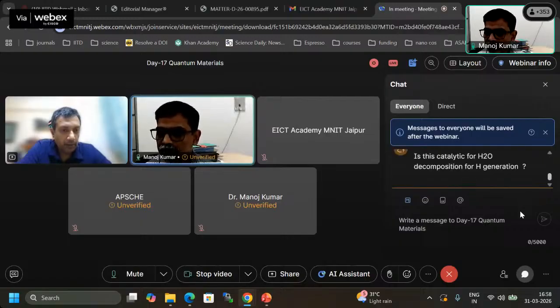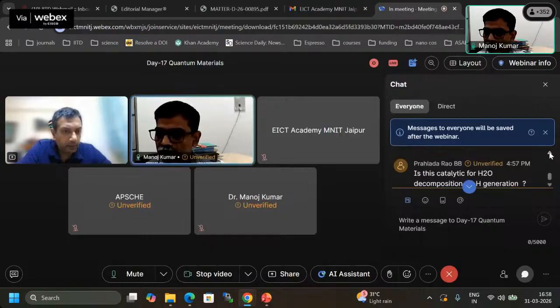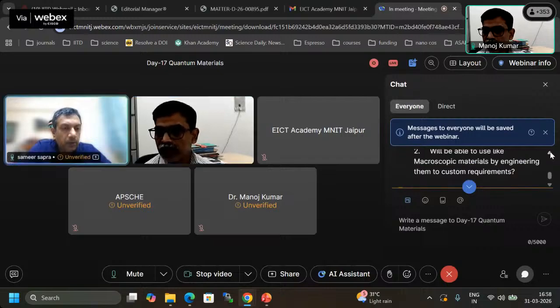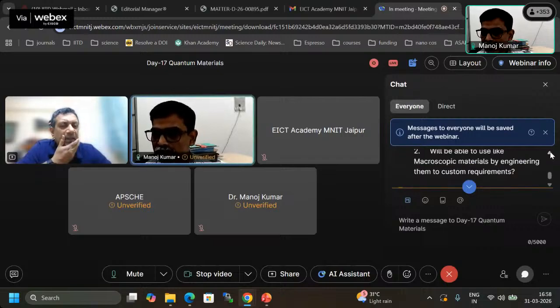And the next query I think you can address: will we be able to use these materials by engineering them to custom requirements?